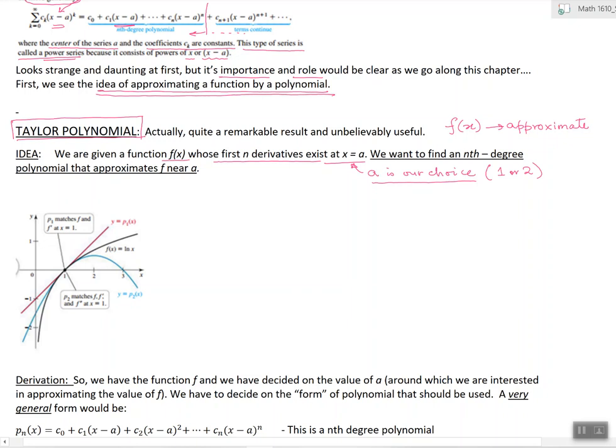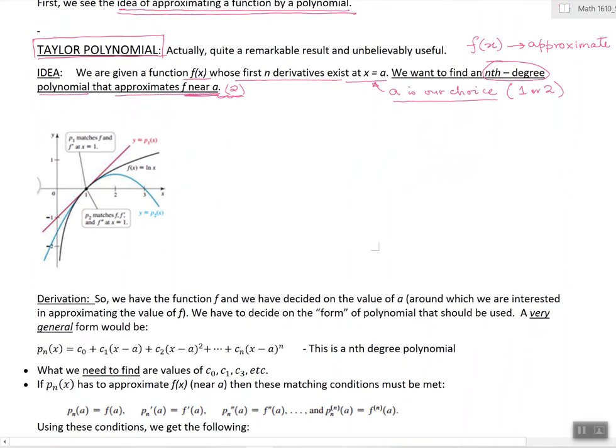Now we want to find an nth degree polynomial that approximates f near a. Please notice that we are trying to approximate it near a. So if a is 2, our approximation would be good and valid near 2. You would not want to use this approximation somewhere near 100 or 500 or some other number.